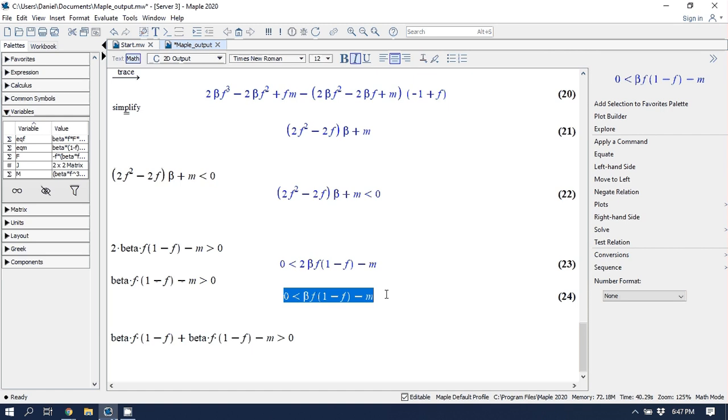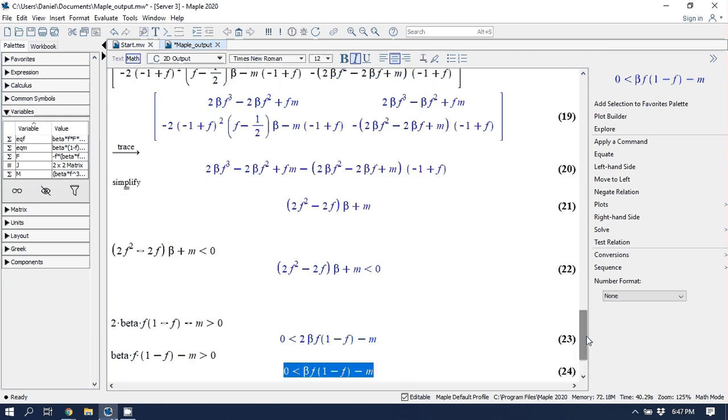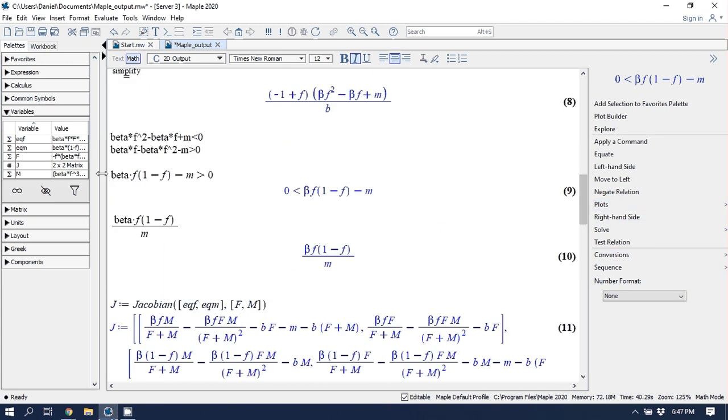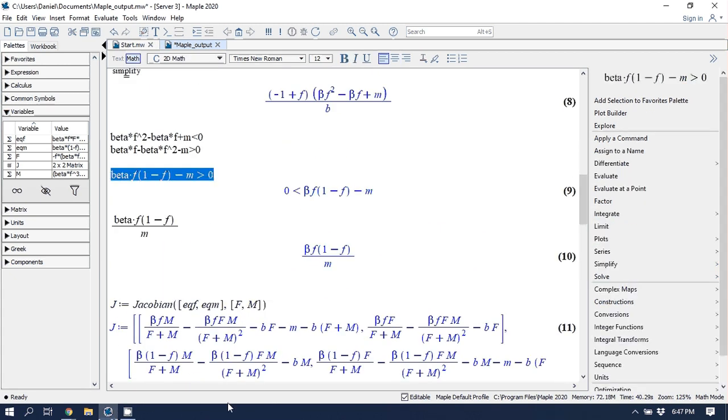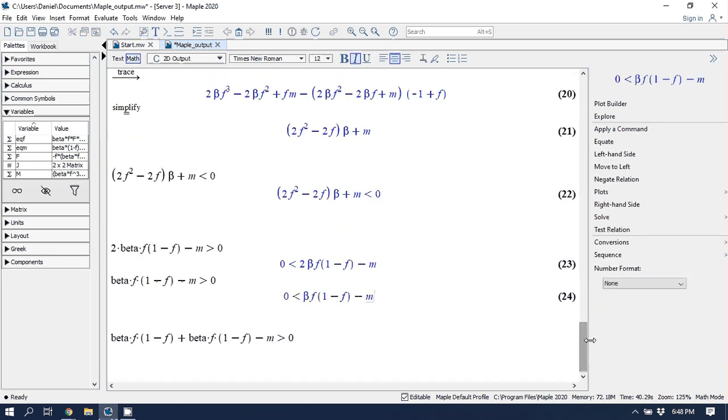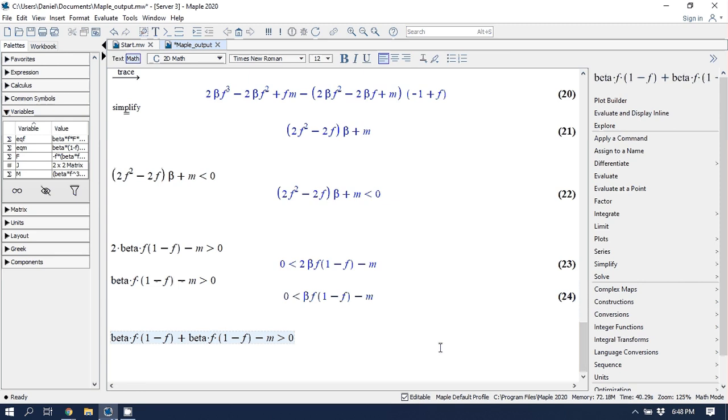So as it turns out, again, the equilibrium is stable, just following a single inequality condition, which is established from the existence of the equilibrium. So I hope it's a little bit clearer on what I mean by using Maple as your assistant to do the heavy lifting.